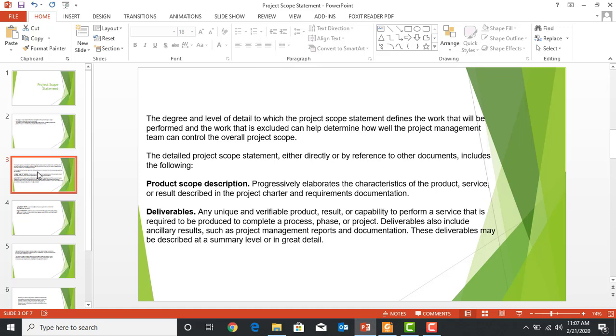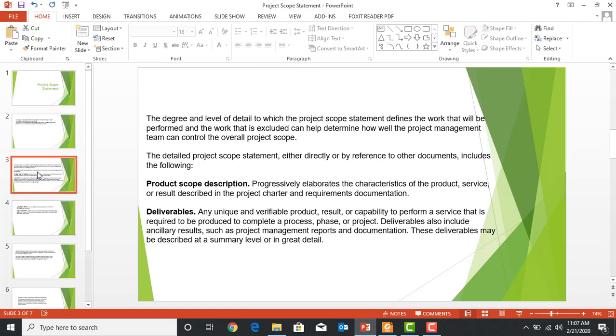Next is deliverables. What is a deliverable? Any unique and verifiable product, result, or capability to perform a service that is required to be produced to complete a process, phase, or project. So in the life of a project, we might produce a number of deliverables. Those deliverables would be any result, any service, any capability.